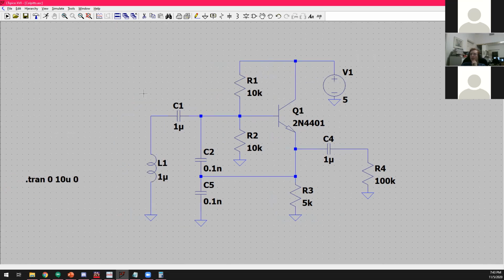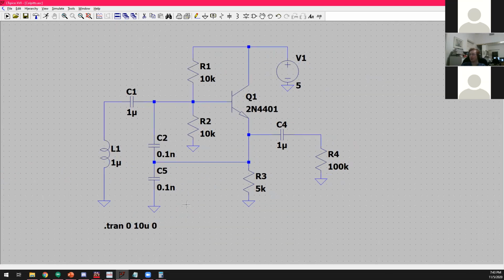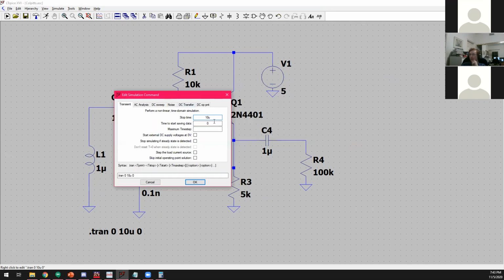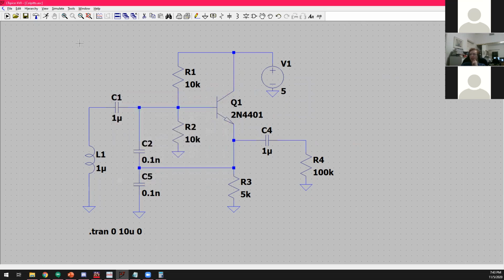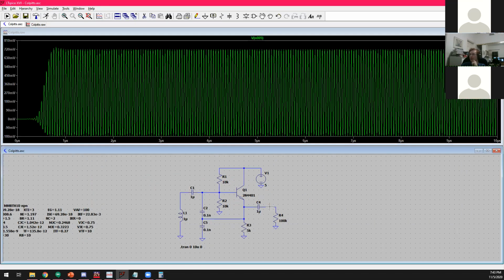But anyway, let me run the simulation here. Let's look at the parameters. I'm starting at 0 seconds, and I'm running till 10 microseconds. So let's just see what that looks like. I'll plot the output voltage here. And sure enough, we only have a DC source, so there's no magical sinusoidal source that's creating this.